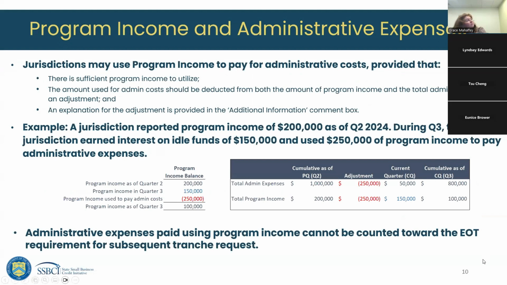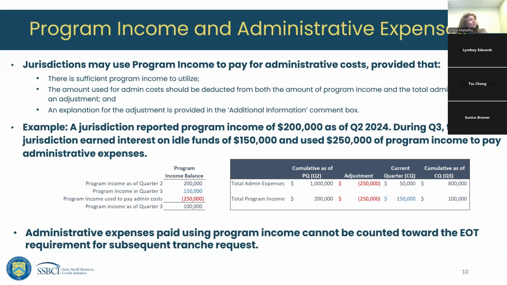Admin expenses may be paid using program income, provided that there's sufficient program income. For jurisdictions that want to utilize program income to pay for administrative expenses, it is important to know that any admin expenses that are paid using program income cannot count toward the 80% EOT for your second or third tranche requests.